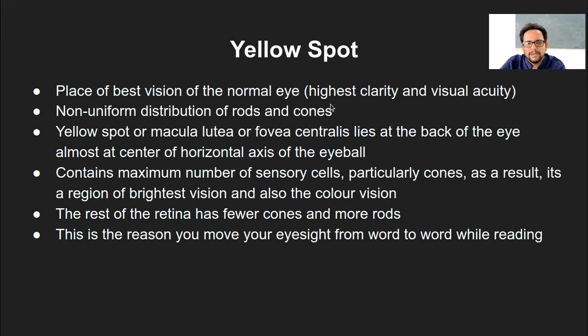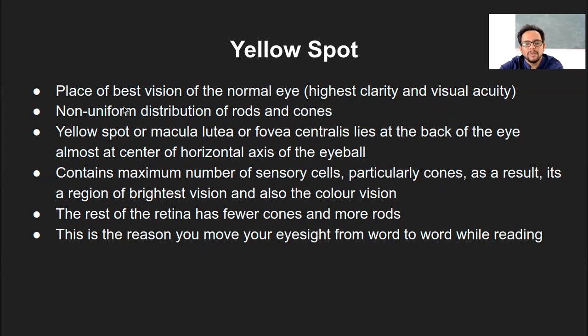Around the yellow spot, obviously there will be a non-uniform distribution of rods and cones. So it is not just that the cone cells are present. The cone cells are mostly confined, that means most of these cone cells are present in and around the yellow spot. But there is still some non-uniform distribution. That means the number of rods and cone cells will not be equal.